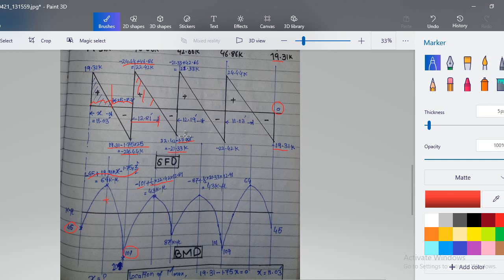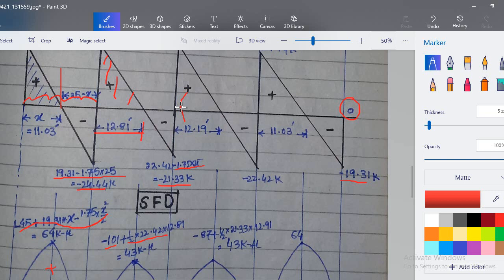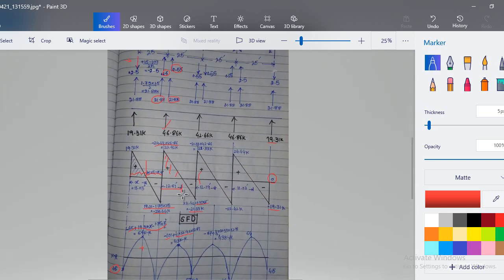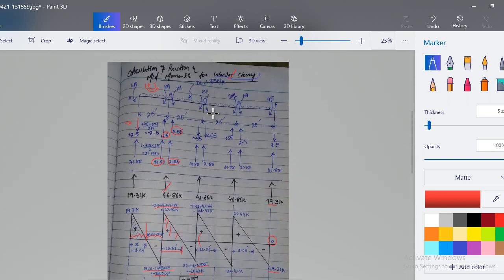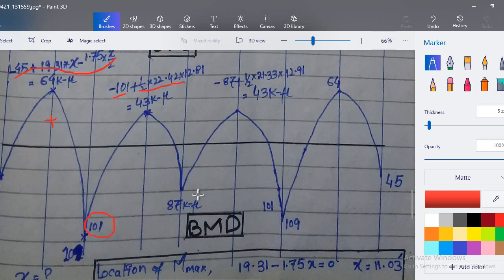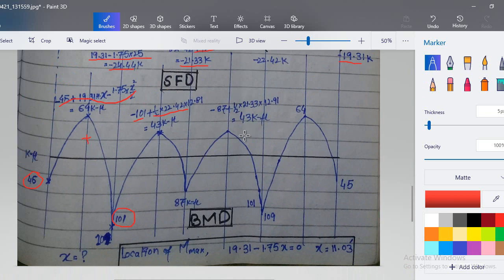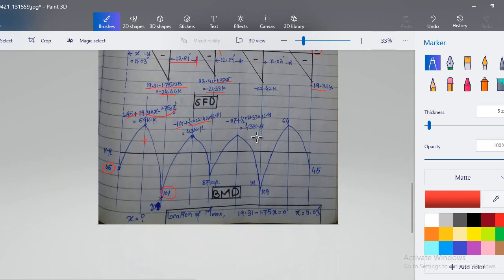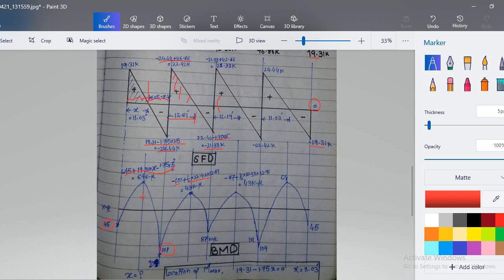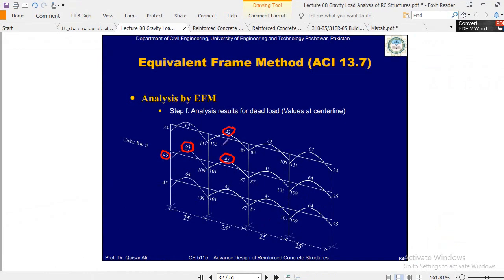Again repeat the procedure, as at this point we already know the moment. Clear? You see here we know the moment 87, so 87 plus this area, you get this 43. Similarly for the rest of the points. So this is the way I want to show you the whole calculation, how they got 64, 43, 43 and this value. Clear? And we already know these values from the moment distribution table, E45, 109.